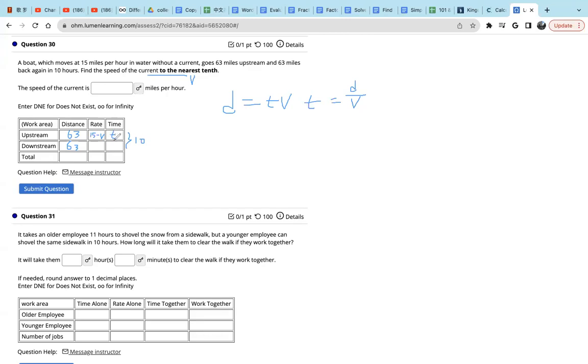So let's call upstream T hours. Then downstream would be 10 minus T, right? Because total spent is 10 hours. Then the speed of downstream, because if you go down, you work with the current, is 15 plus V.